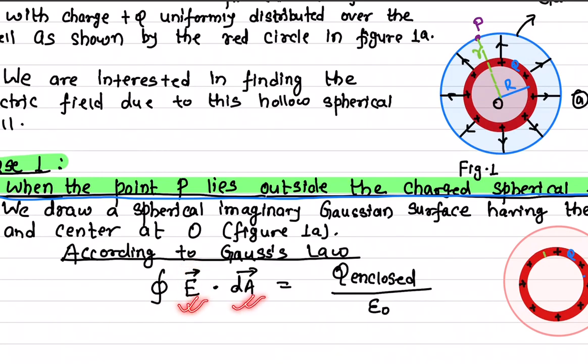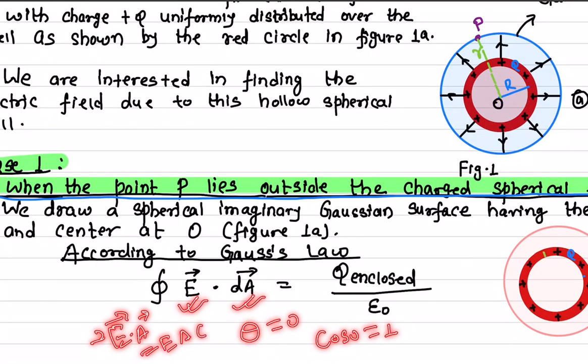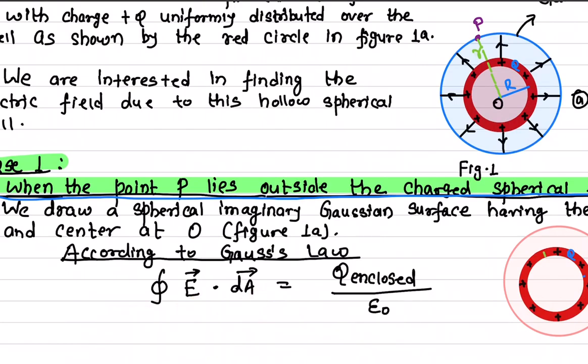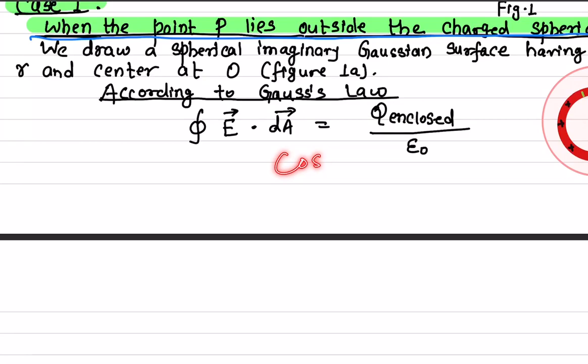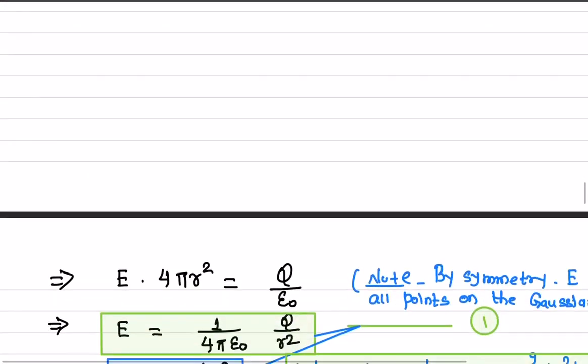So this is a constant, and the angle between the E vector and the area vector is 0 degrees, and cosine 0 degrees is 1. So E dot dA vector in this case is simply given by E dA cosine theta, and cosine theta is 1.